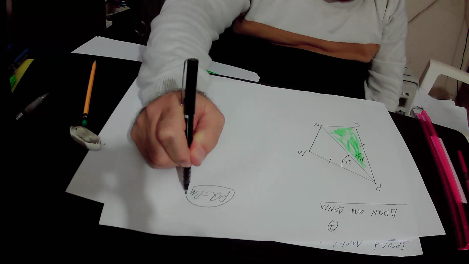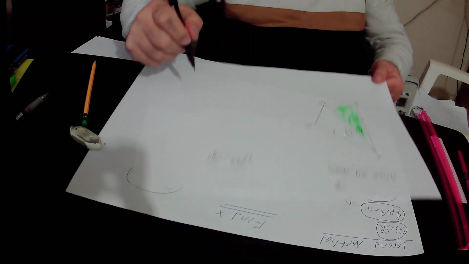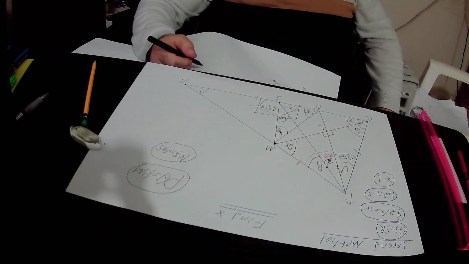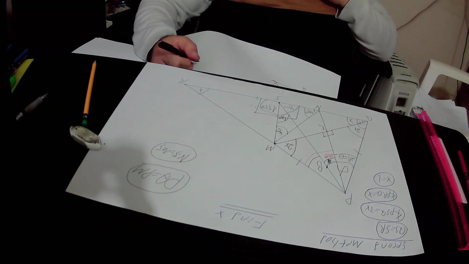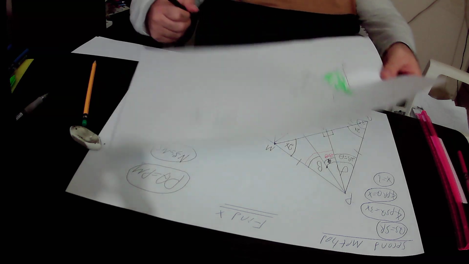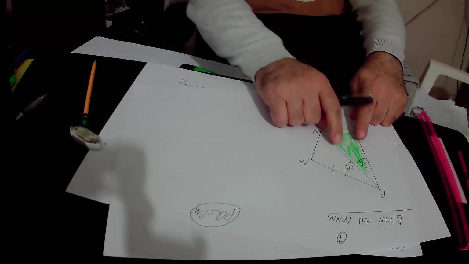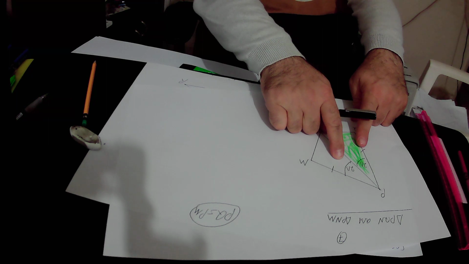Okay. And here those two angles are equal to each other, they are both equal to 2 beta.